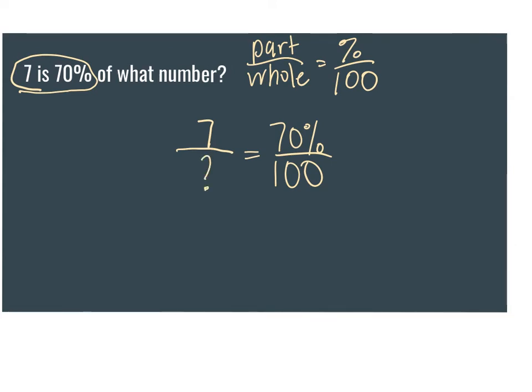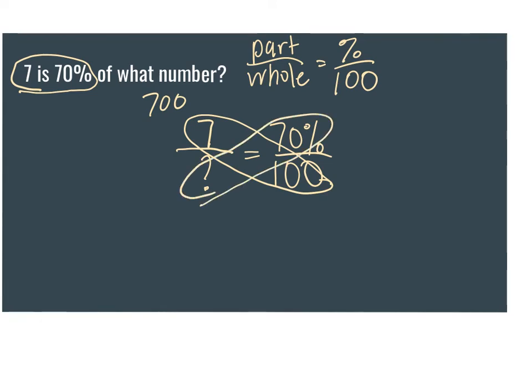So we're going to then proceed with our butterfly method. We are going to take 100 times 7, and that's going to give us 700. And we're going to take our percent times an unknown, so we can say 70 times an unknown number. If we rewrite that, 700 is equal to 70 times the unknown.